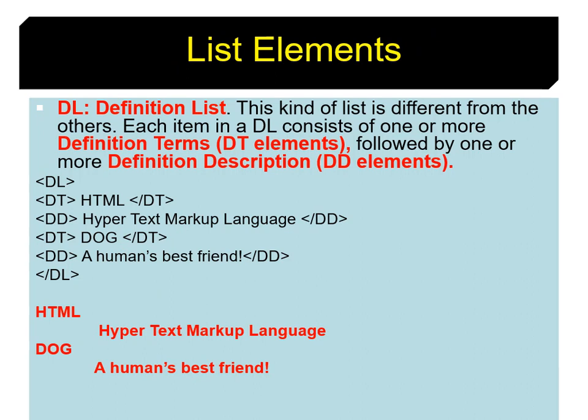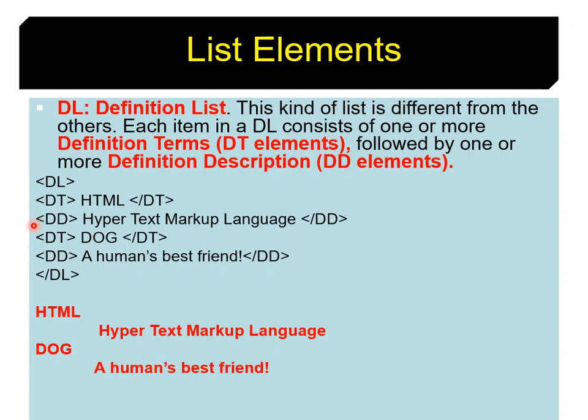If we take a look at our example, the first tag is our DL tag, which is showing us where the list is starting. Then we go to our DT tag, which is giving us our first object, which is HTML.